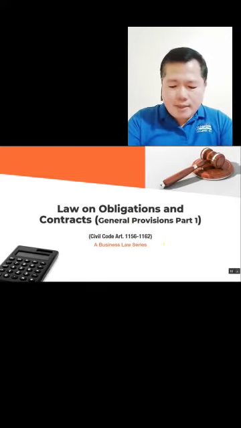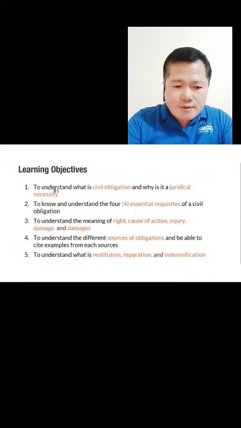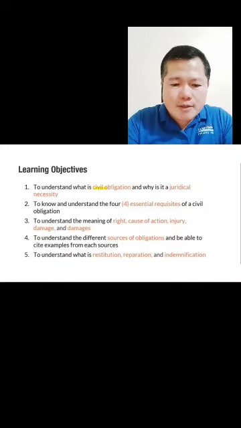We will start by looking at our learning objectives. So we have here the following learning objectives. Number 1, to understand what is civil obligation and why is it a judicial necessity. Number 2, to know and understand the 4 essential requisites of civil obligation.